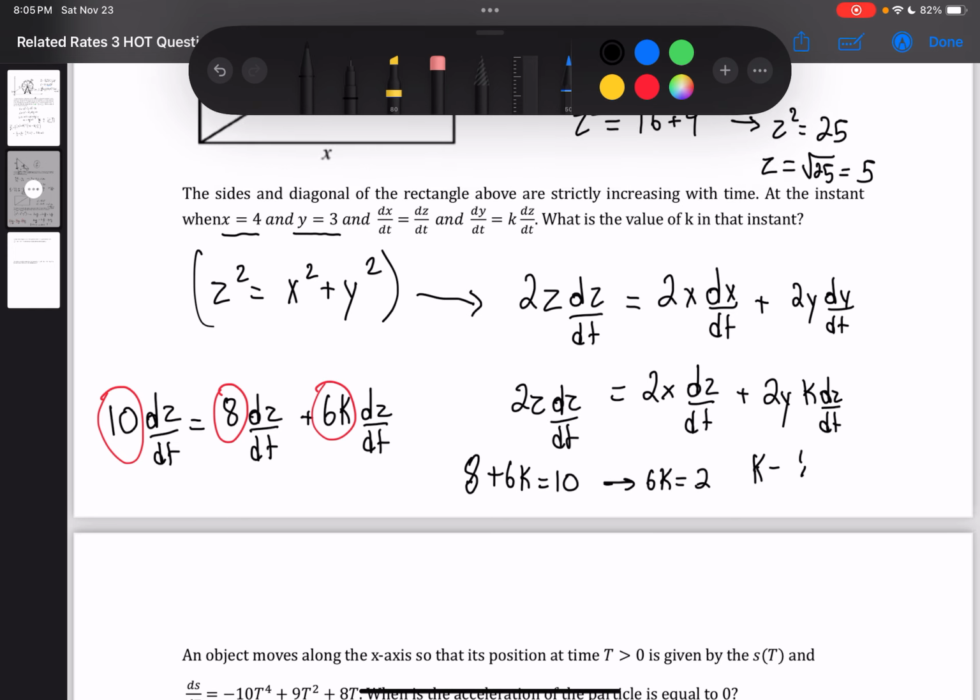So K is equal to 1/3, because 2/6 is the same as 1/3. I guess the pen doesn't write over here. It does. Anyway, sorry for the time wasting. So K is basically equal to 1/3.